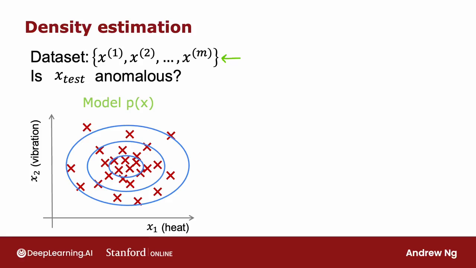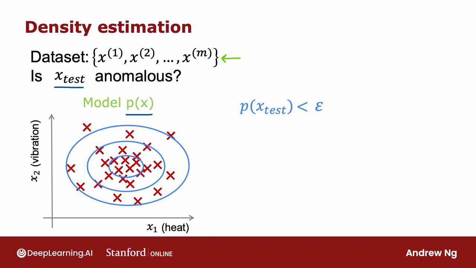And having learned to model P of X, when you are given the new test example X test, what you will do is compute the probability of X test, and if it is small, or more precisely, if it is less than some small number that I'm going to call epsilon, this is the Greek alphabet epsilon, which you should think of as a small number, which means that P of X is very small, or in other words, the specific value of X that you saw for a certain user was very unlikely relative to other users that you have seen.